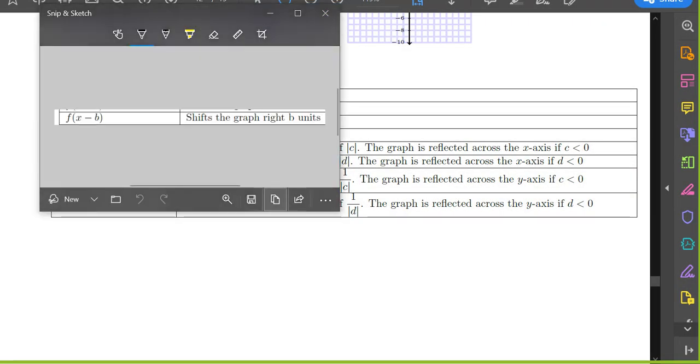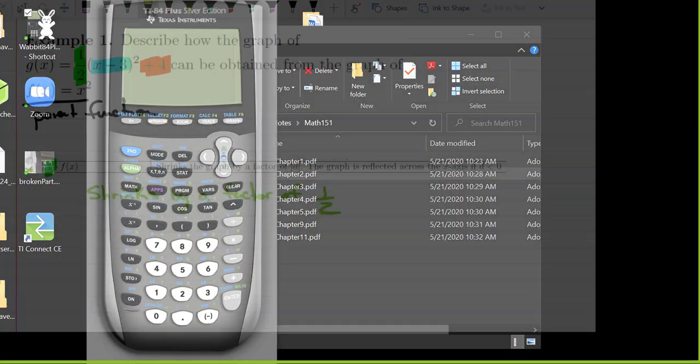So that means we are going to take the f of x minus b entry from our table.